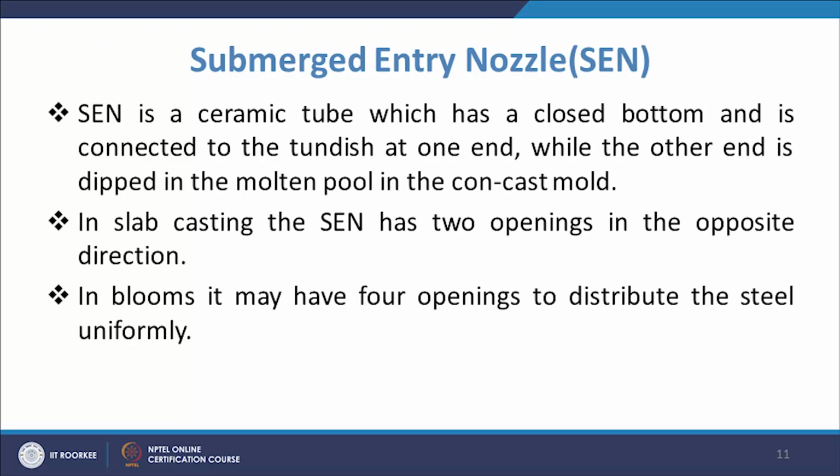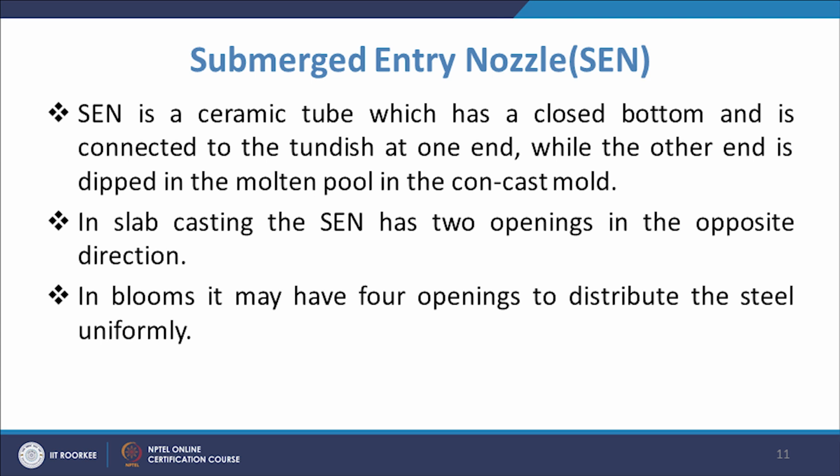Next in line is the submerged entry nozzle. The submerged entry nozzle is a ceramic tube which has a closed bottom and is connected to the tundish at one end, while the other end is dipped in the molten pool in the concast mold.